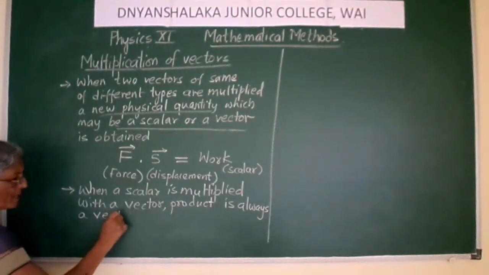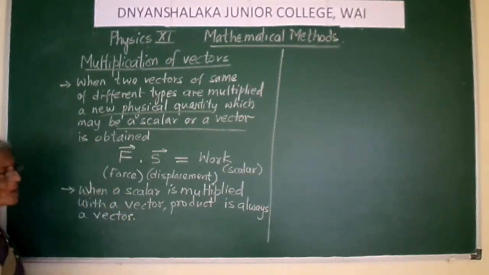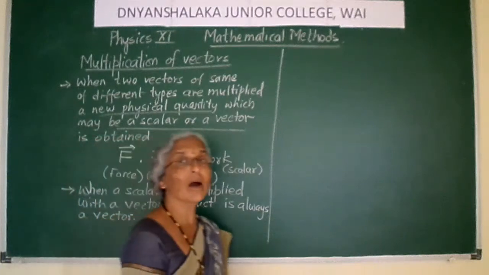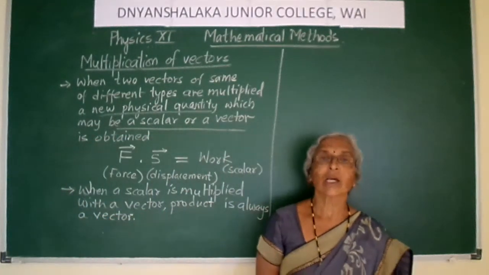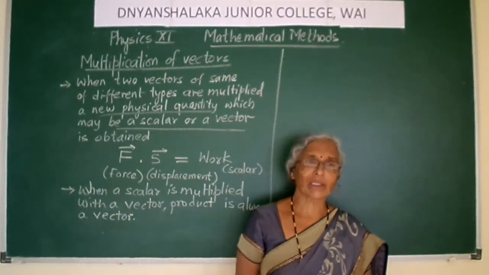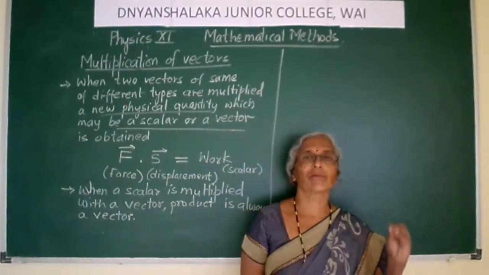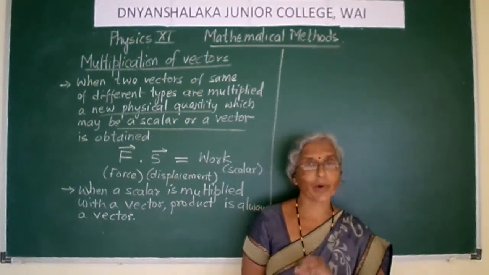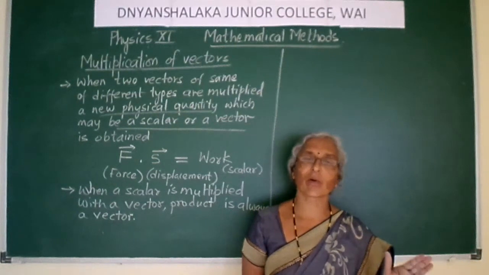So multiply a scalar with a vector, the product will always be a vector.